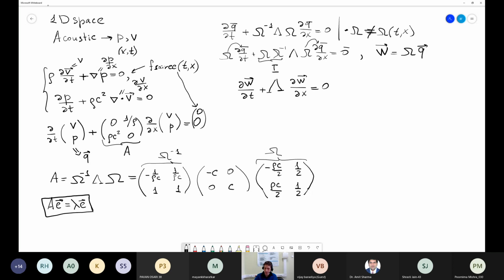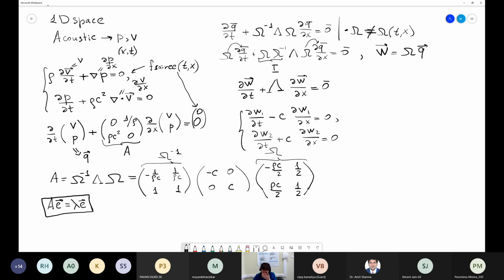This is a vector, sorry, vector 0. So let's write this system element-wise. dw1 over dt minus c dw1 over dx is equal to 0. And for the second coordinate, dw2 over dt plus c dw2 over dx is equal to 0.